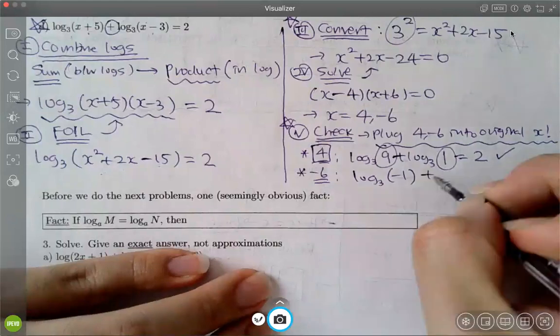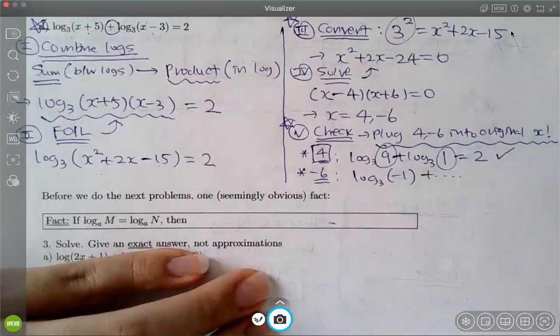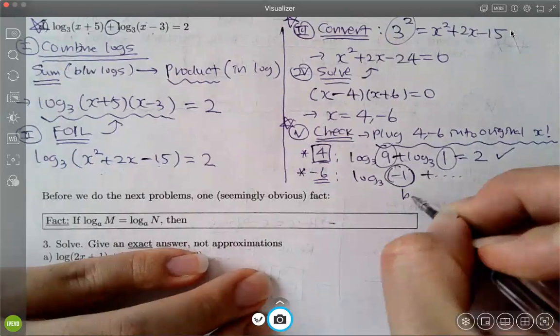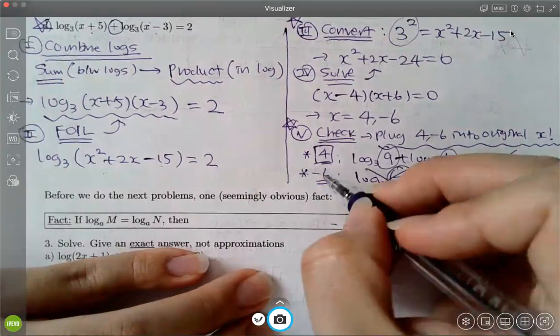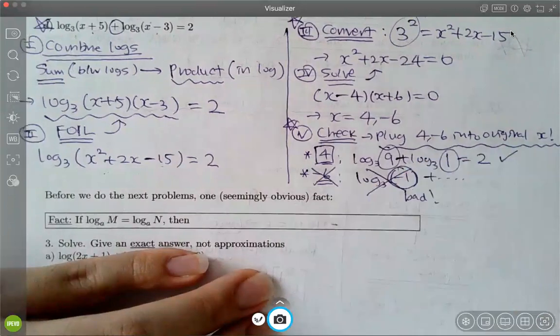In fact, I don't care what happens for the other logs. We may get a negative number, we may not. Why? This is already bad, right? Okay, this is bad. So what does that mean? This is not good, so negative 6 is out. So what's the only answer? 4.